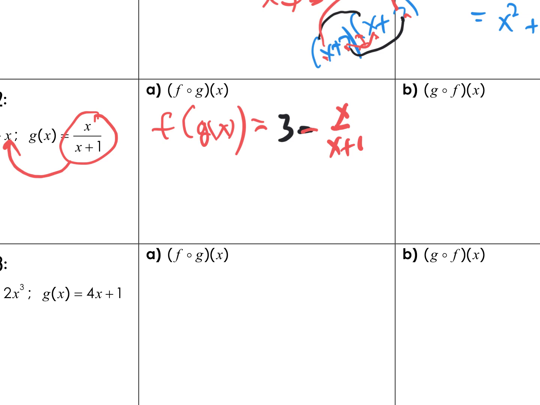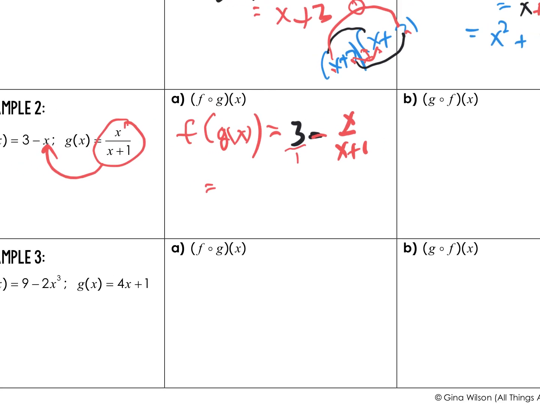So we're going to treat this 3 as a fraction, 3 over 1. And we know the answer is going to become... I'm going to do the butterfly, but I know that the bottom 2 will become the denominator: 1 times x plus 1, x plus 1.